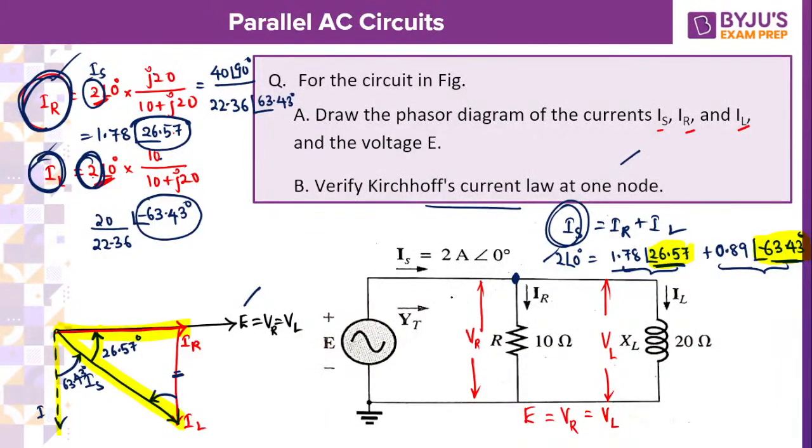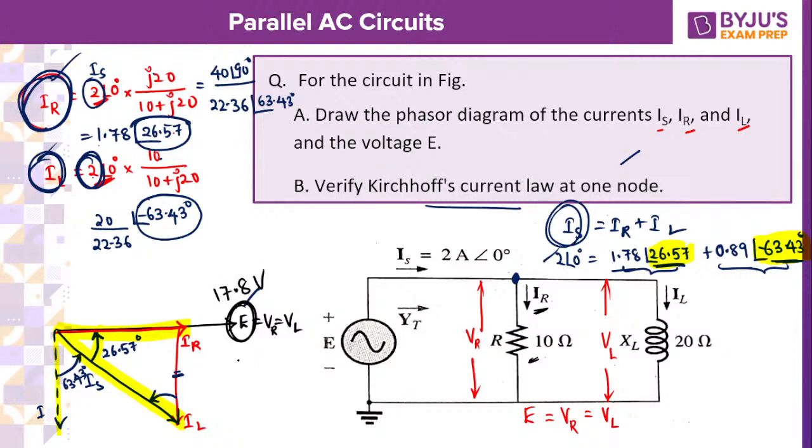We know the source voltage. How much is the source voltage? The current into resistance, you just multiply. So 1.78 into resistance, you are going to get 17.8 at an angle 26.57. So 17.8 is the source voltage magnitude, 17.8 volts.